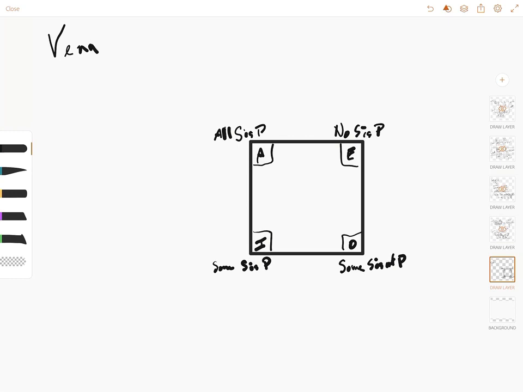You've probably encountered Venn diagrams at some point, but there are a few idiosyncrasies about Venn diagrams in a logic context that you want to pay special attention to.